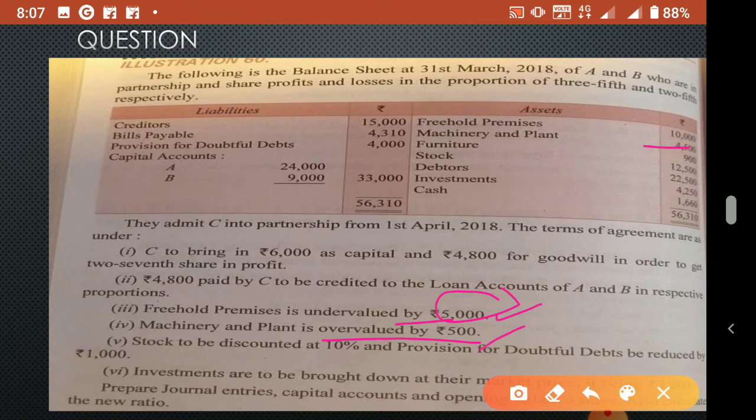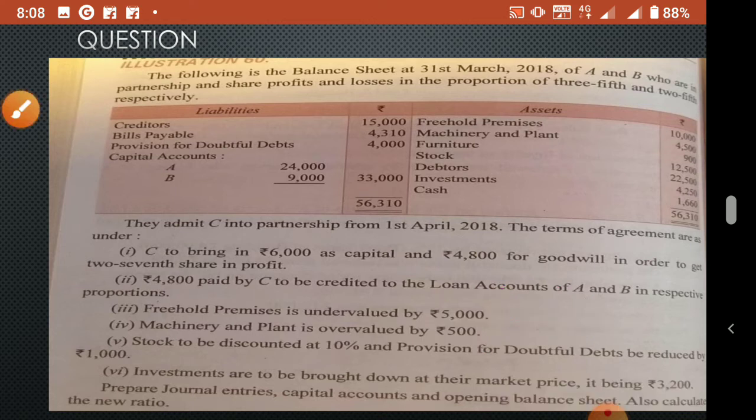So freehold premises is an increase in the value of the asset, and machinery is a decrease. But undervalued to means decrease only, and overvalued to means increase. Undervalued by means increase, you have to add, and overvalued by means decrease. Understood? That is the difference in the meaning.